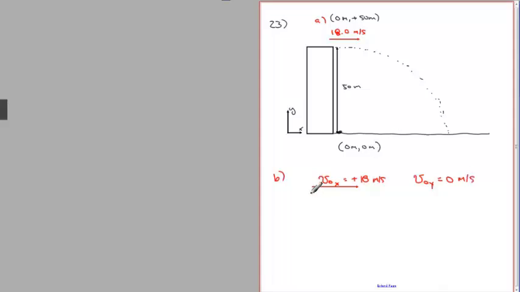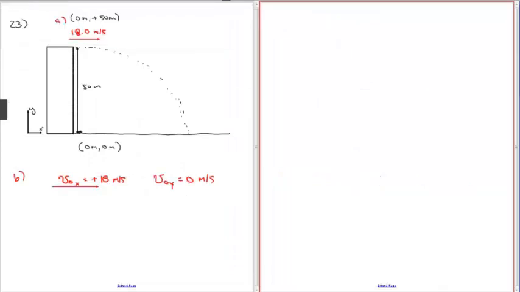Okay, third question. Write the equations for the x and y components of the velocity of the stone with time. Okay, I'm going to add another page here. So this is part C. So in the x direction, what do we have? Well, in the x direction, this is constant velocity, because there's no acceleration acting in the horizontal direction.